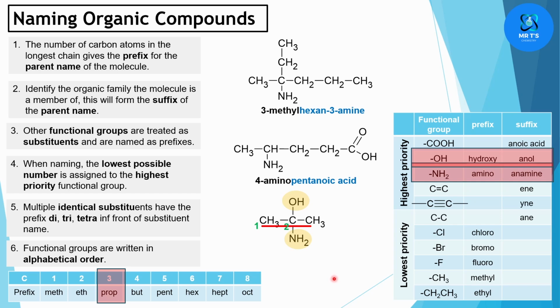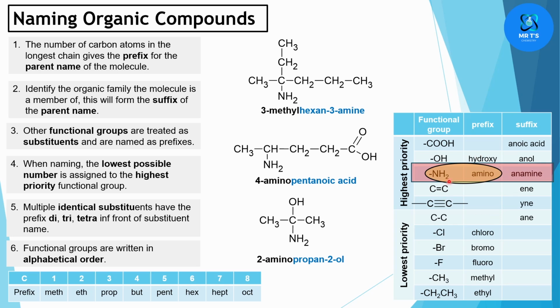So we are going to number this 1, 2, and this is going to be called propan-2-ol, and then we are going to give the functional group of the amine, which is 2-amino, 2-amino-propan-2-ol.